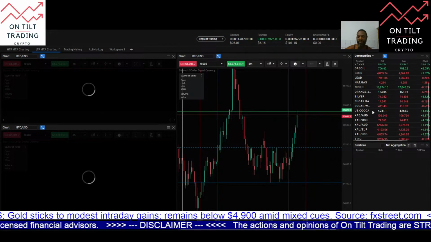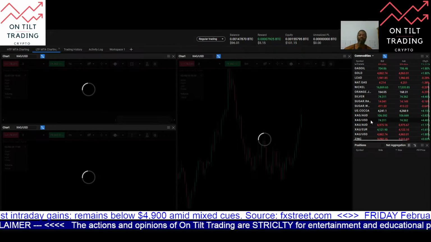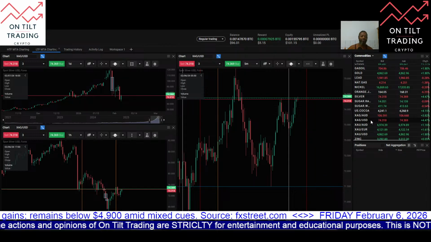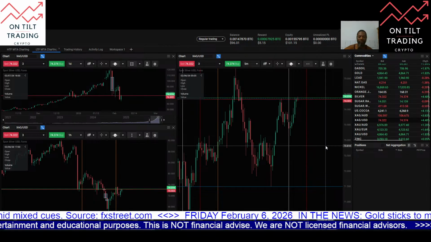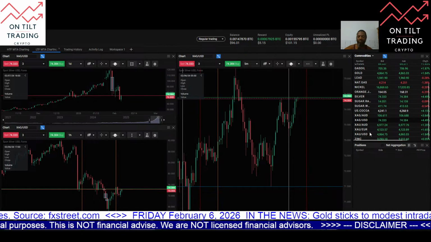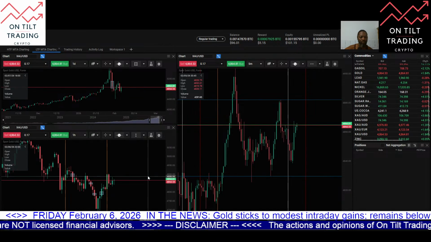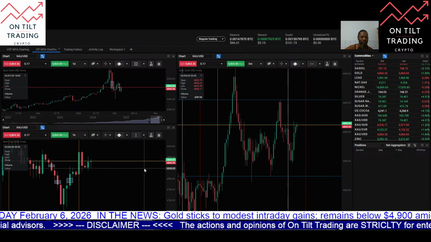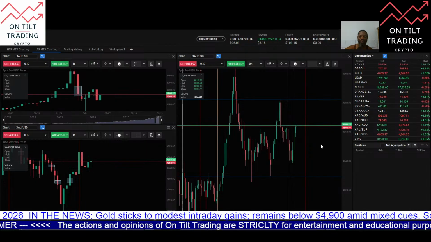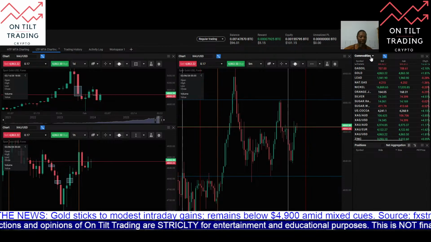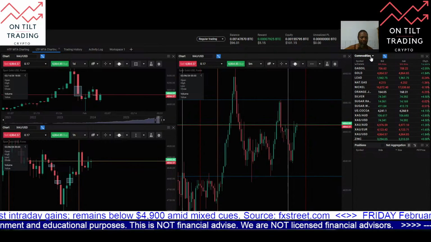Higher time frame charts aren't loading, but I don't need to see them for what I'm seeing on the 5 minute. Everything's seemingly in an area of consolidation here. I'm not seeing anything that wants to deliver here.